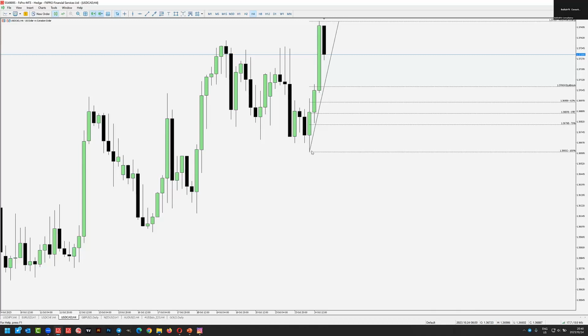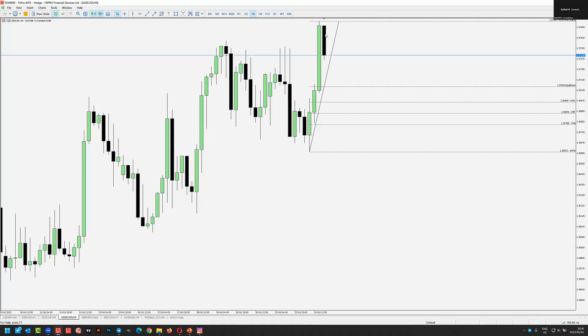Because price has found support in fair value. Remember, your fibs, you only apply them when price has found support in fair value or in premium or discount areas. So now we have had price finding support in a fair value gap.